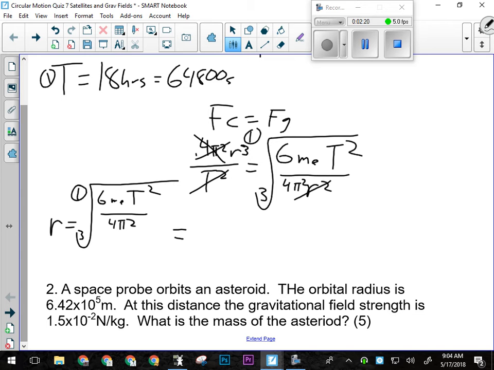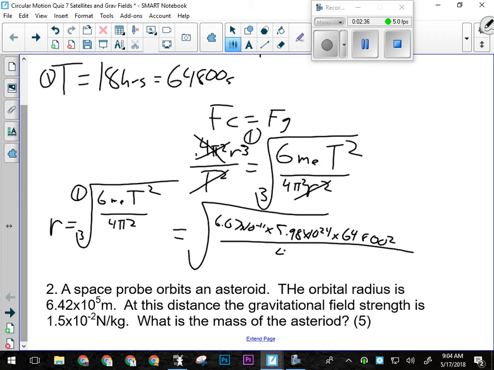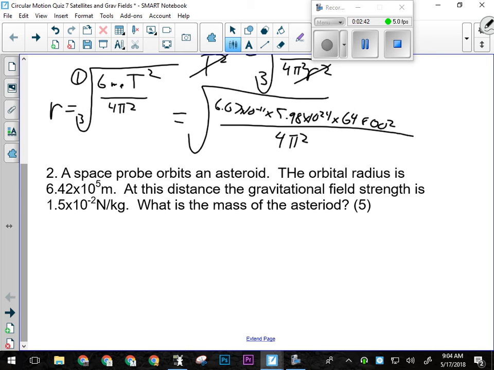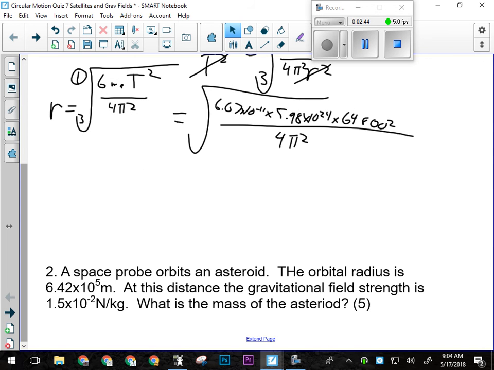Or maybe they just went straight to plugging in the numbers. That's fine as well. So we would have 6.67 times 10 to the minus 11 times 5.98 times 10 to the 24 times 64,800 squared divided by 4 pi squared. And then our next step is to solve for what R is going to be.